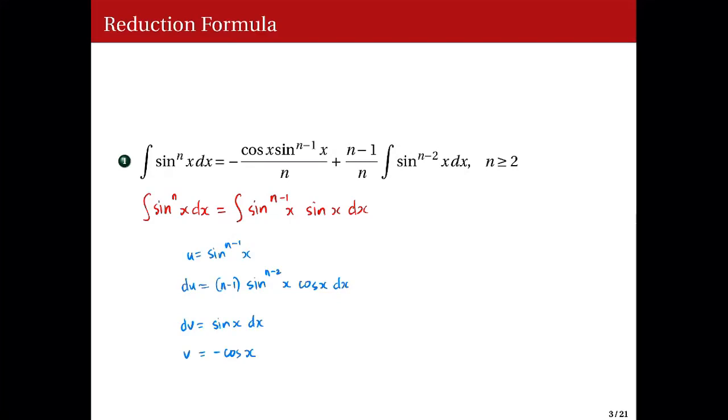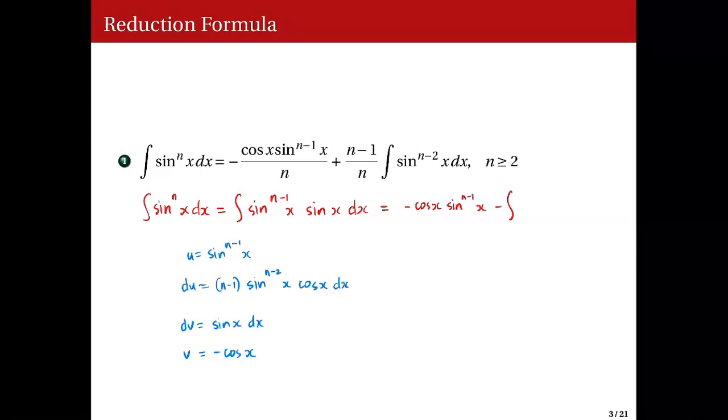So what will happen to this? Using integration by parts, you have uv, so we have negative cosine x sine raised to n minus 1 x, and then minus the integral of v du.